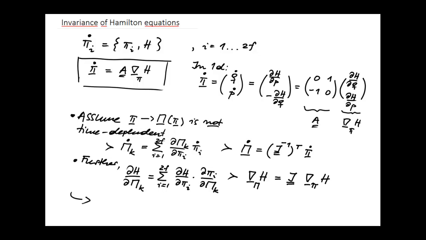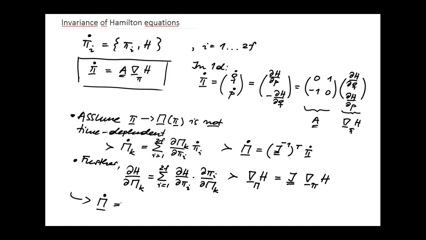Now let's combine all these ingredients. We have capital pi dot, so the change in time of the new phase-space coordinates. This is equal to, we know that's the transpose of the inverse Jacobian times little pi dot.